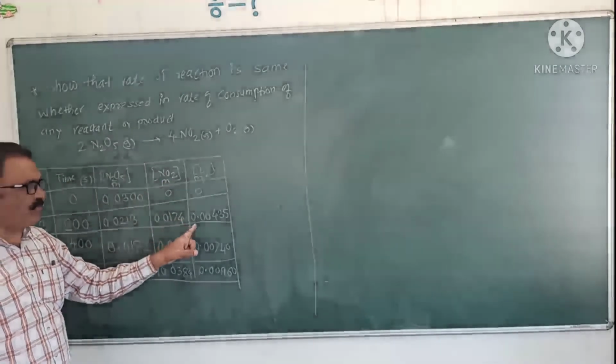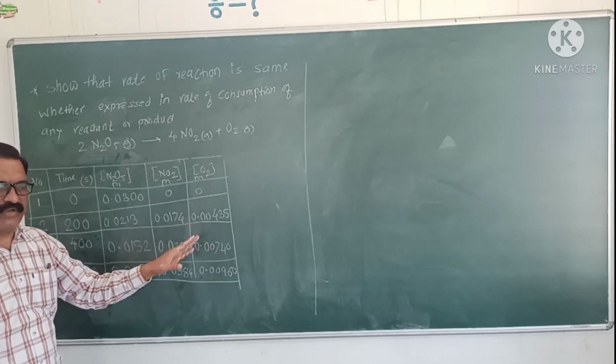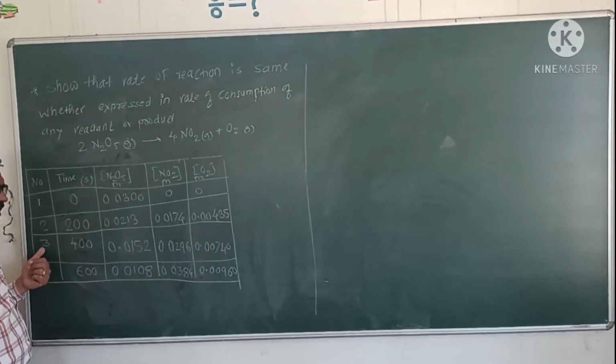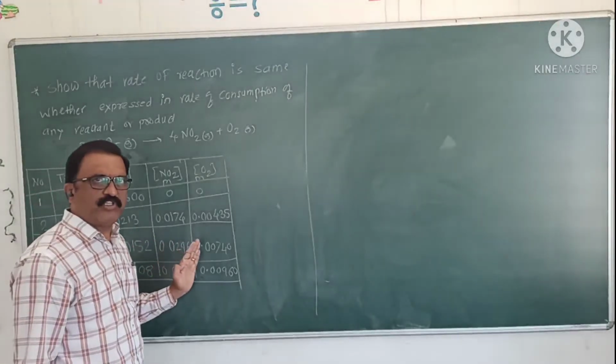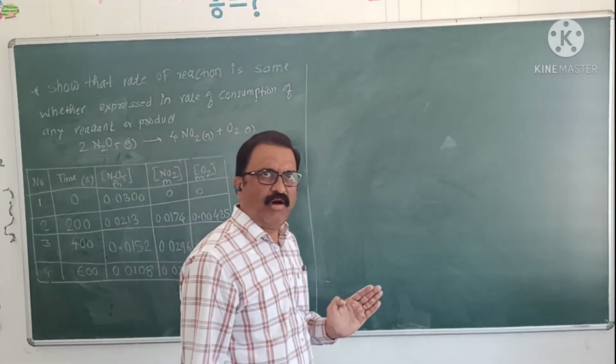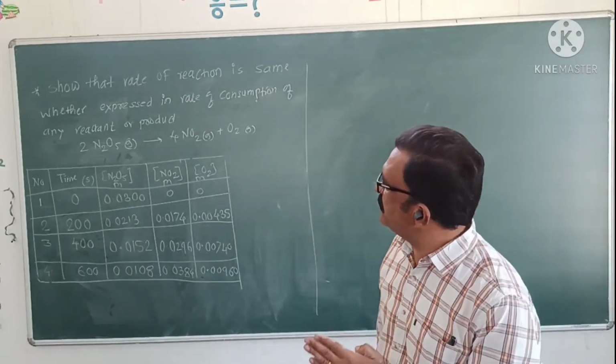The concentration of oxygen becomes 0.00435 and so on. This is the third and this is the fourth. By using this data, we can prove that the rate of consumption of any reactant or the rate of formation of any product will be the same.